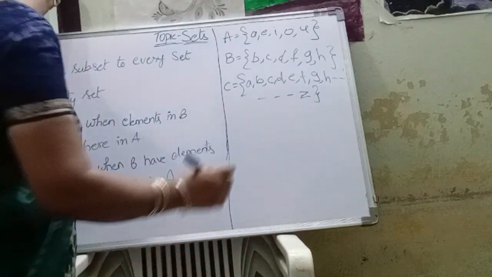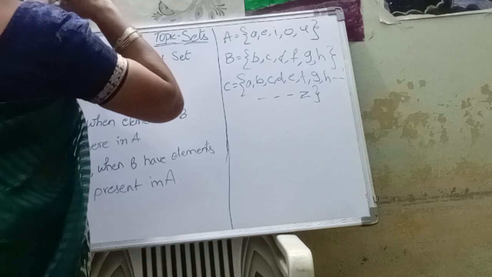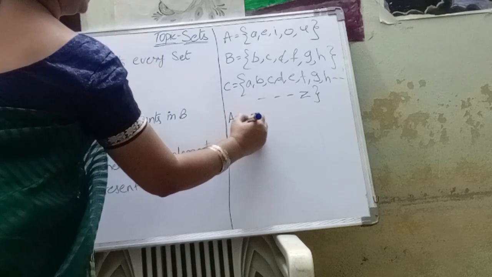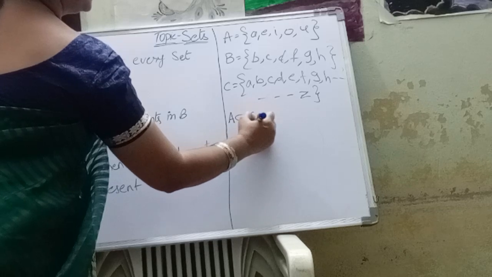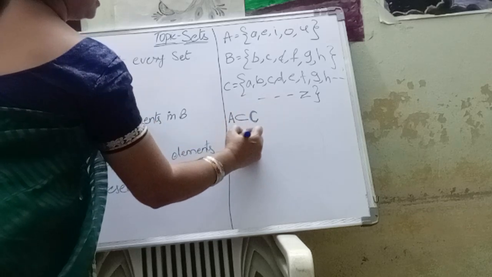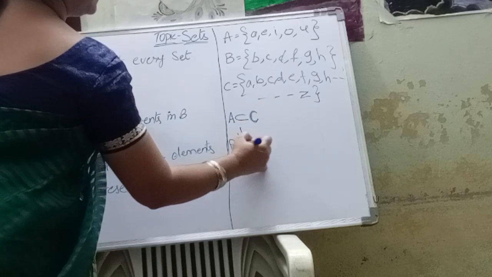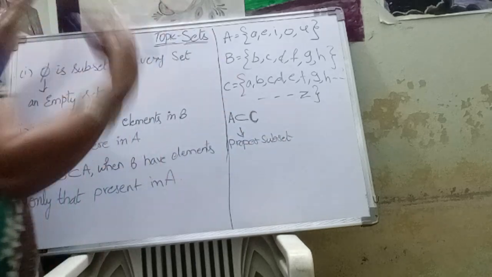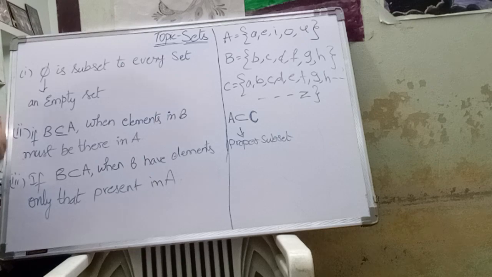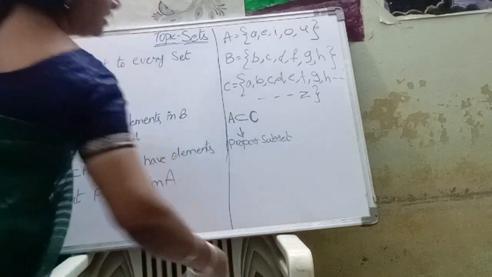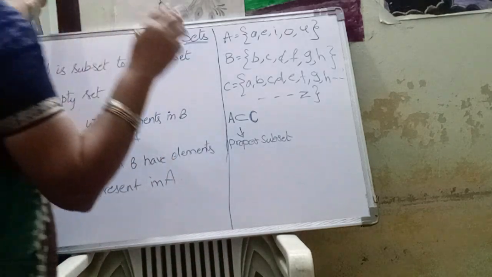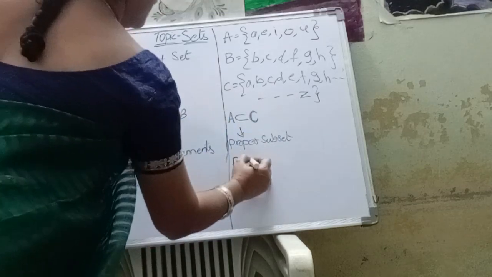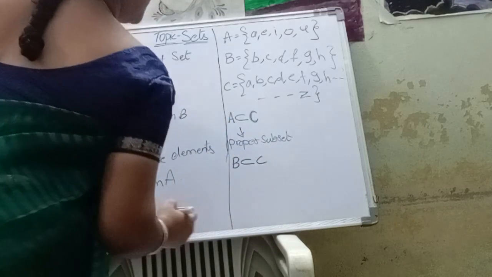Now, if you observe the elements, clearly A is a subset to C. That is a proper subset. If you observe B to C, B is a proper subset to C again.